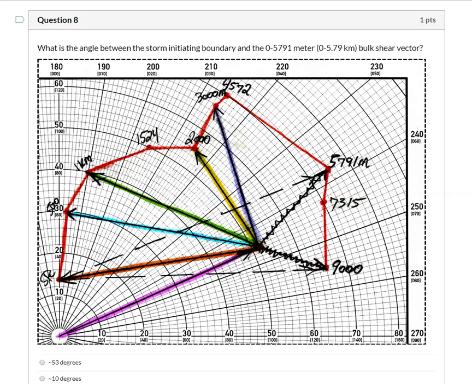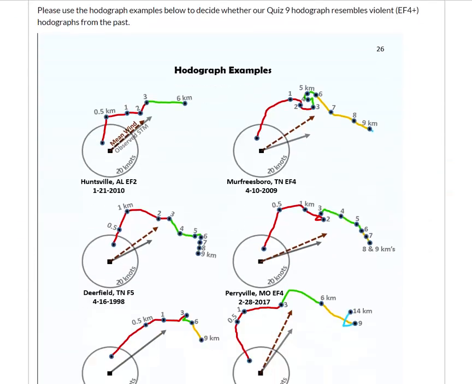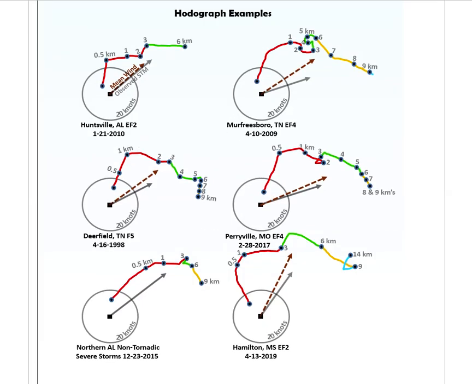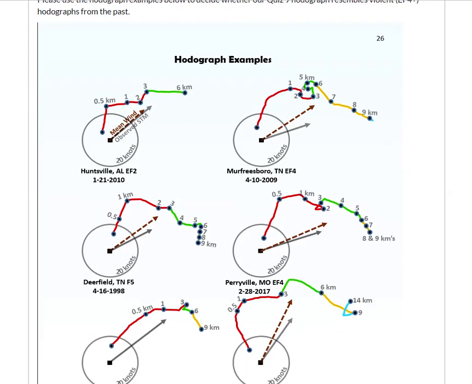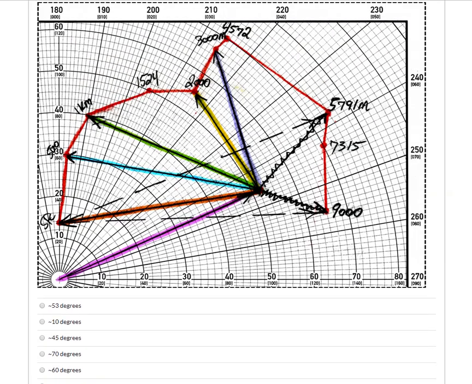So if you take a look at that and compare them, that's not the only thing I'm going to ask you to look for to help you answer this question, but that's one thing you might want to consider. They kind of all have kinks to a degree, but another thing to look for is the orientation of the upper level winds.